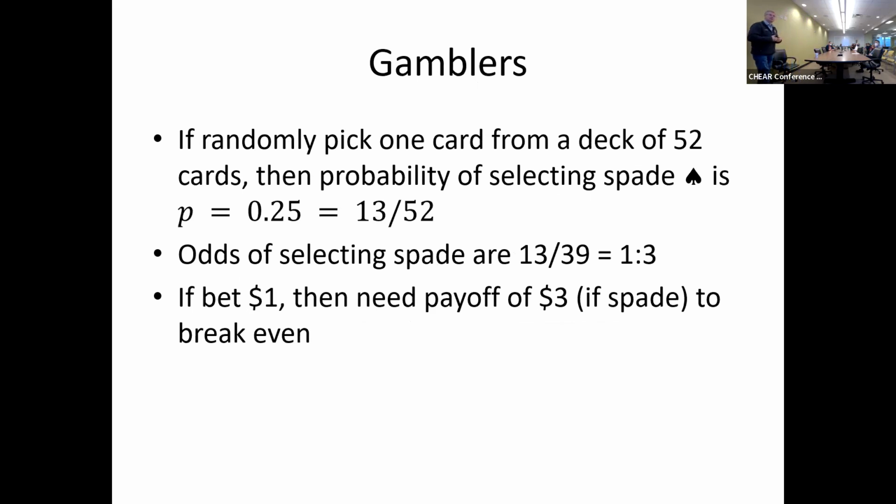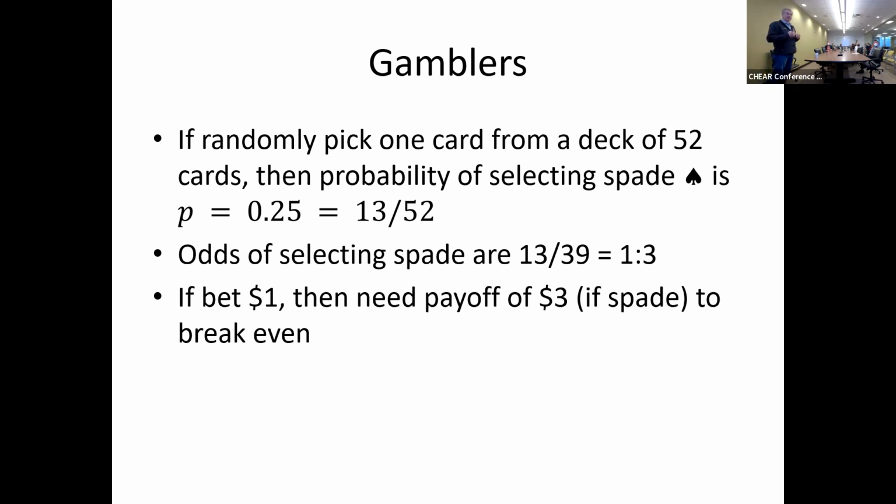Odds are used by gamblers. So if you're a degenerate gambler, this slide is old hat for you. Think about the probability of picking a card from a standard deck of 52 cards, and the probability of selecting a spade, that would be 1/4, right?